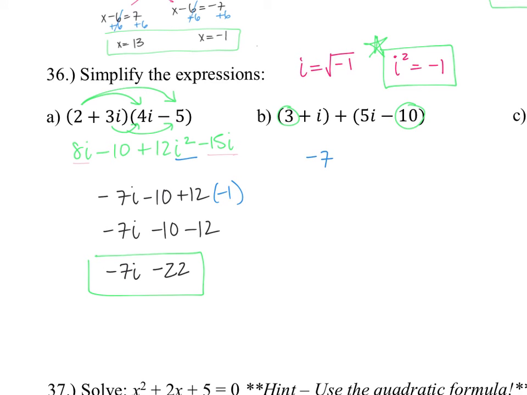And then the i plus 5i is going to give me positive 6i. And so I'm done. This would be my final answer because I can't combine a 6i with a number. So you're just combining like terms if you're adding two parentheses. So I added the numbers with the numbers and the i's with the i's.